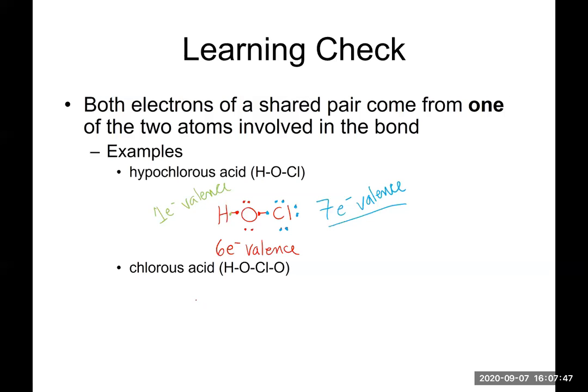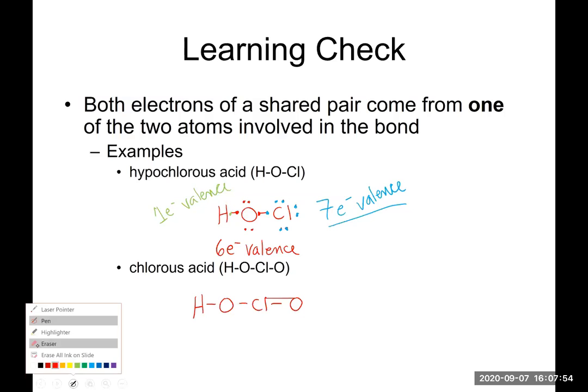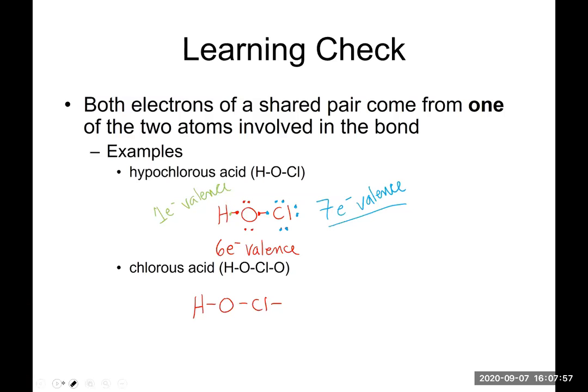So we have H, O, Cl, and O. And we have our 1 electron here from our hydrogen. And then the next oxygen has an electron here, an electron here, here, here, here, and here.